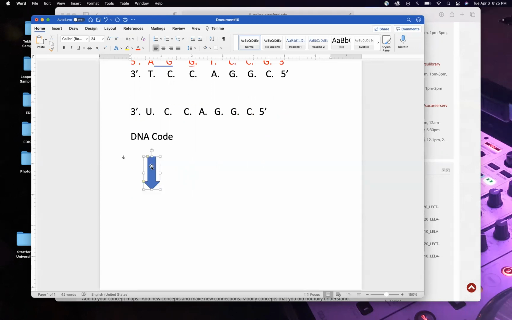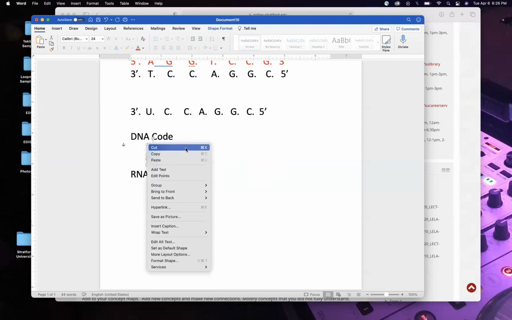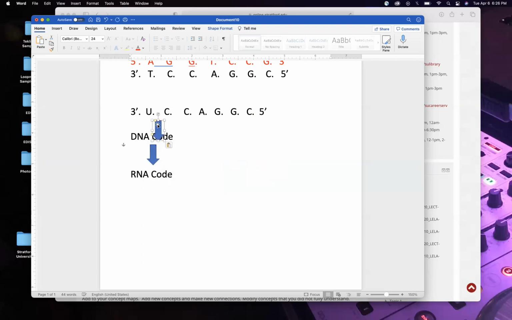I have my DNA code, then RNA is going to copy a little bit of it. So this is what has to happen, right? And I'm going to draw a dotted line here.